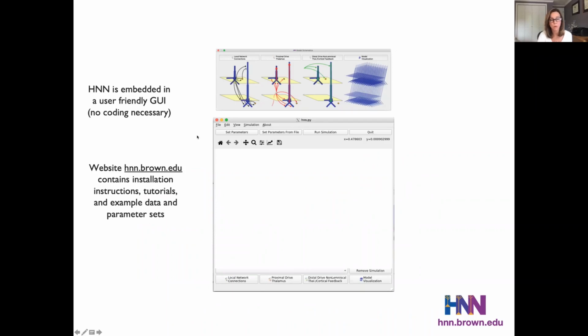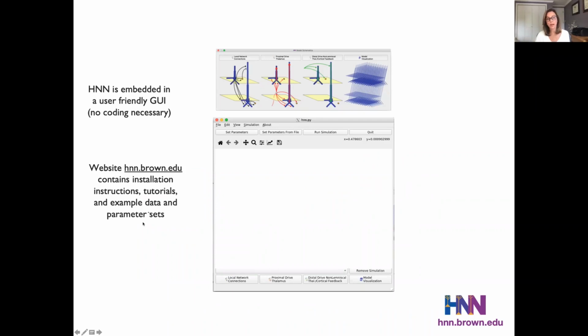And so there's no coding necessary to work with this model, where we've created a website that contains installation instructions, background information, tutorials on how to begin to simulate ERPs and low-frequency oscillations, and example data and parameter sets for you to work with.